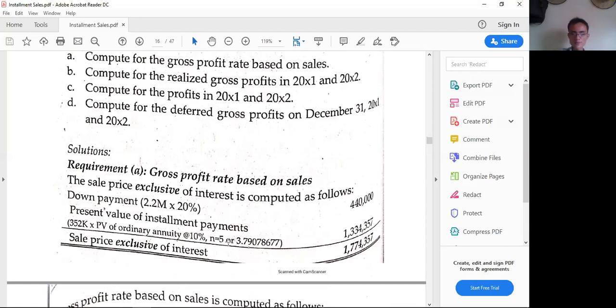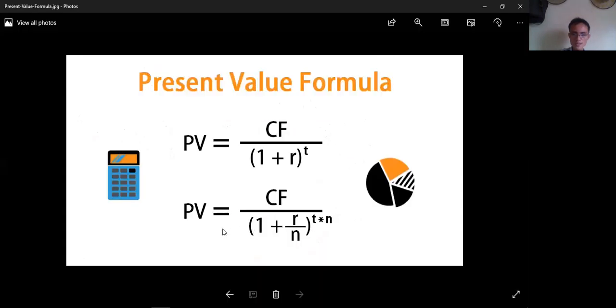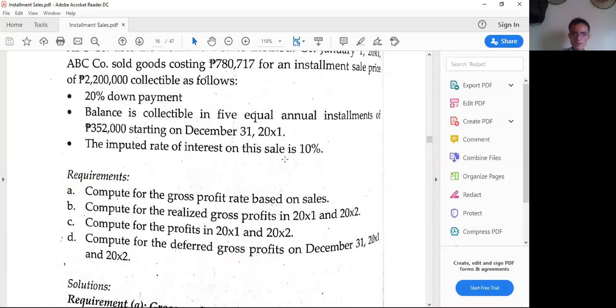So as computed, the present value of ordinary annuity at 10% for 5 periods is 3.790. So how do we compute this one? Again, we can go back to the picture. That is the present value factor is 1 plus R over N. So R is the rate divided by N is number of periods in a year. That was annual, right?